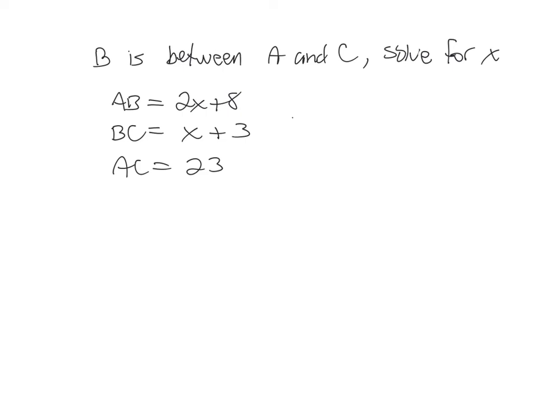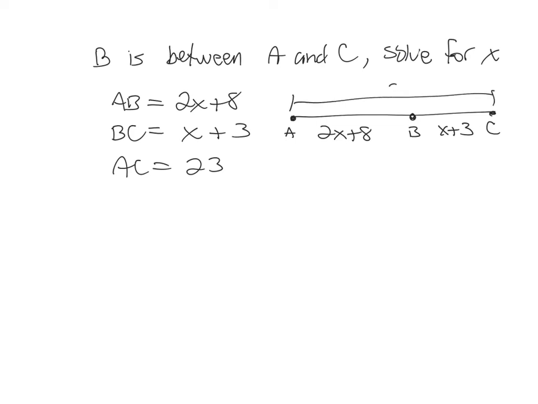So if you wanted to create a visual, you could. So here's A, and maybe B's over here, and C's over here. Well, this is 2x plus 8. Should probably label those. And this is x plus 3. And that is 23. Well, segment addition says that I can do 2x plus 8 plus x plus 3, and it's going to equal AC, or 23.